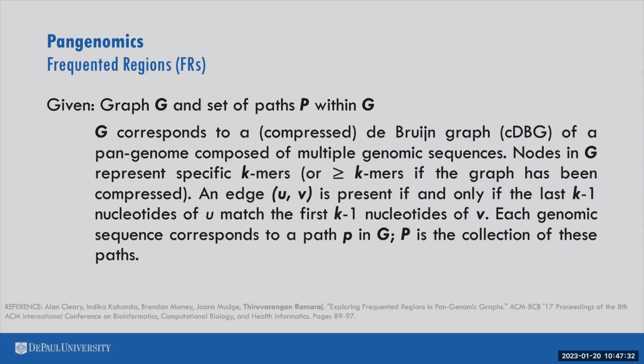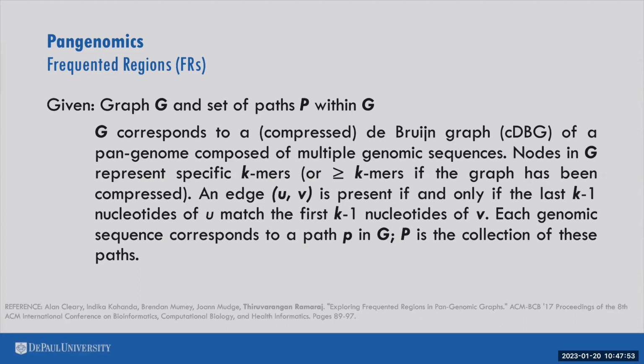So in our approach, right? We go from the sequence set, and then we use one of the tools that's already been proposed to generate these compressed de Bruijn graphs. And then our method, we named it frequented regions, FRs.